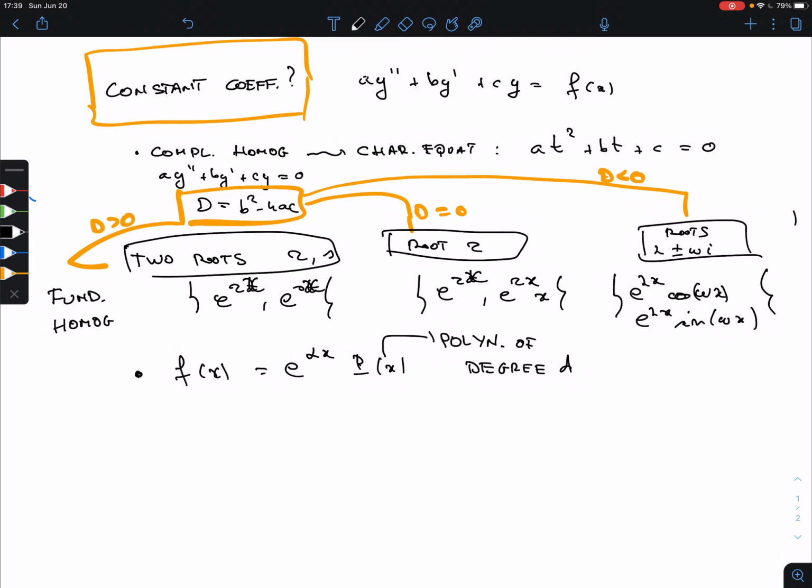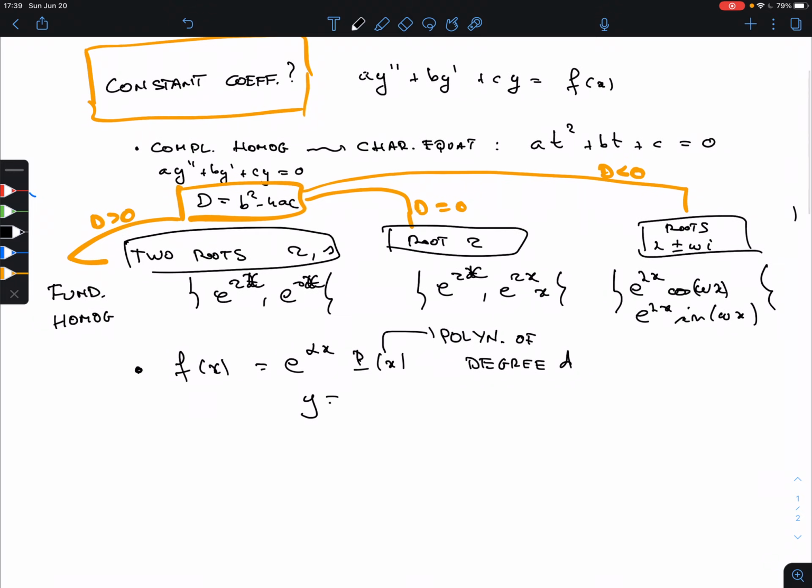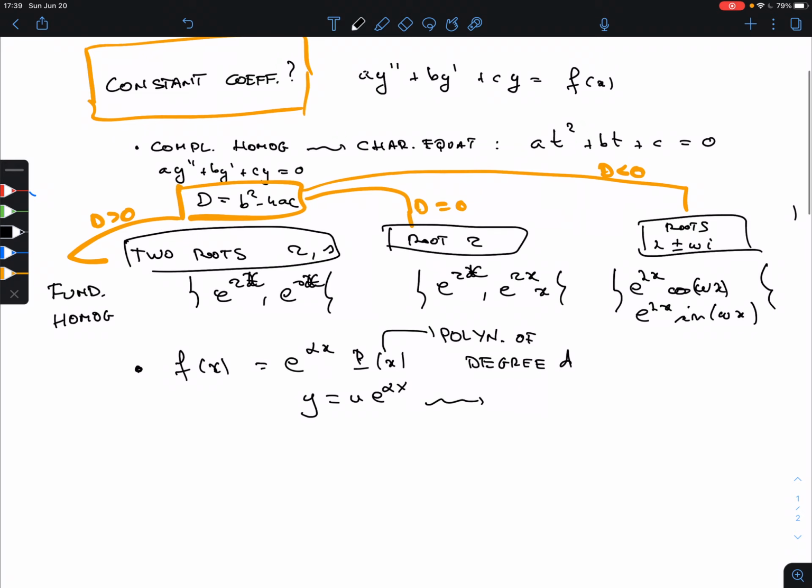In either case, what we're going to do is put y equal to u e^(alpha x), and that reduces to the case of just the polynomial p(x). So the exponential will be gone.